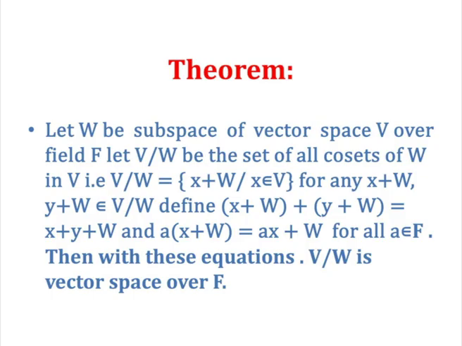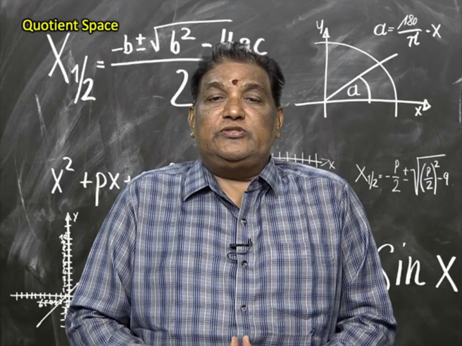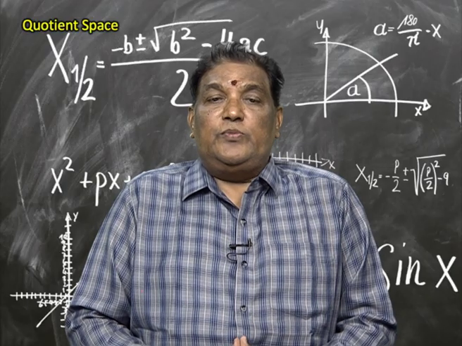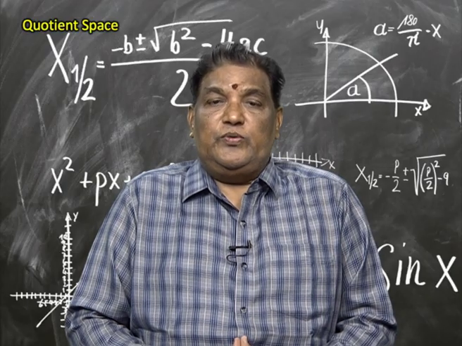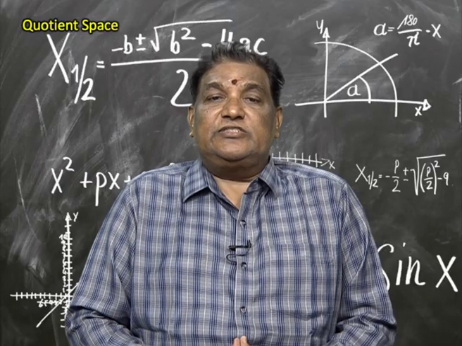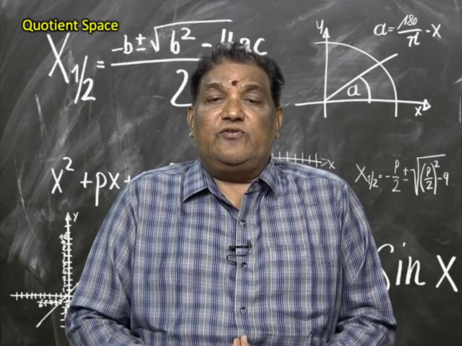Here observe, student, that W + W, that is 2W, is equal to W, because in integration we take constants C1, C2, C3 all equal to C only.